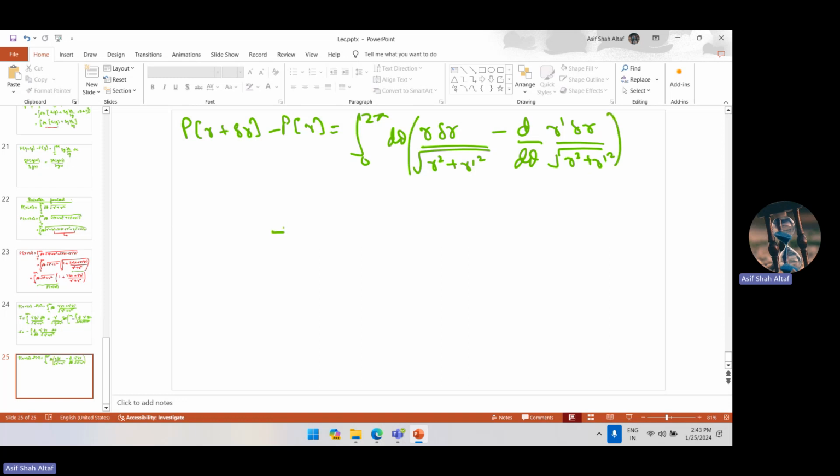Now you want to bring it in the form that I was talking about. Then you have delta theta, delta r you can pull out, and whatever is then remaining becomes your functional derivative for this parameter function.